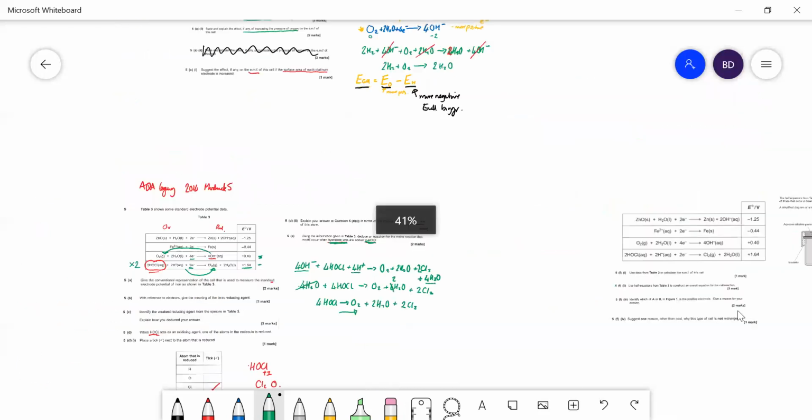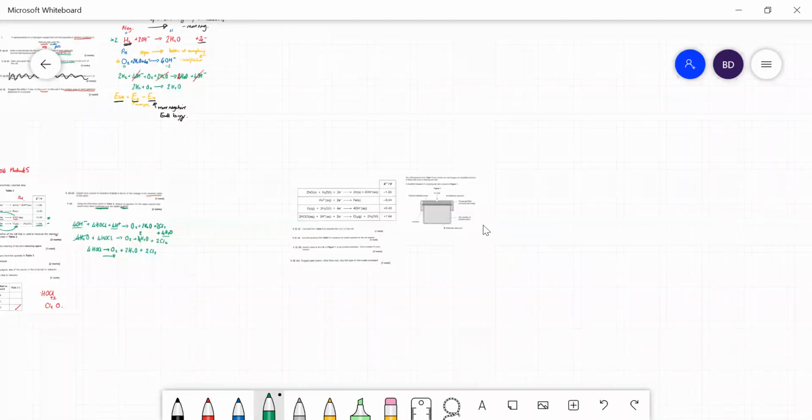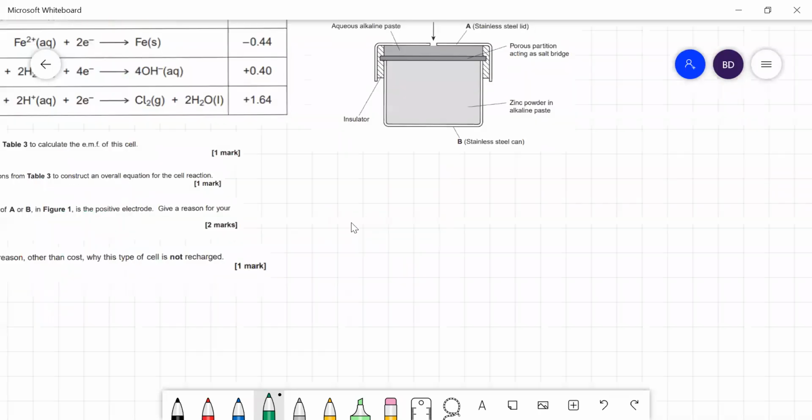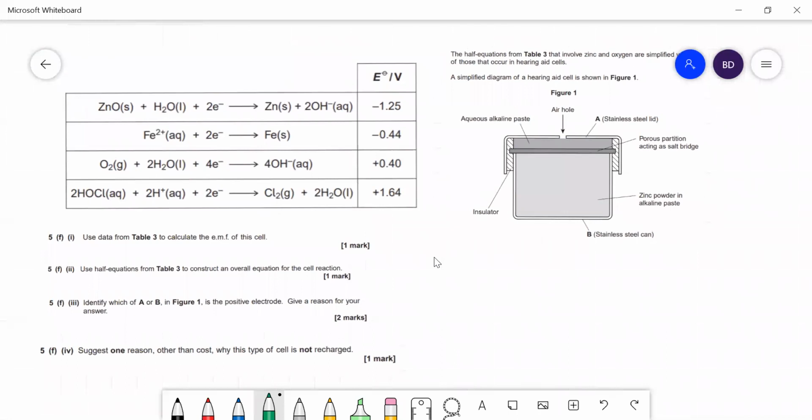It's quite a long question over here. And this time they're talking about a, we need to use this table, but we need to look at this bit first. This is a hearing aid battery. It's an electrochemical cell used to generate a voltage, okay?